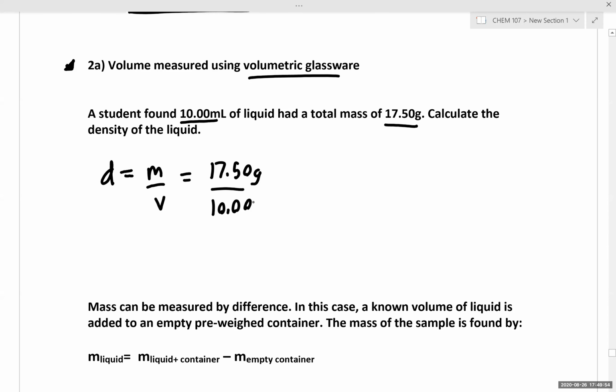So this difference is equal to the volume of our object. In order to calculate the volume of our object, we take our final volume minus our initial volume. So V final minus V initial is equal to the volume of our object.